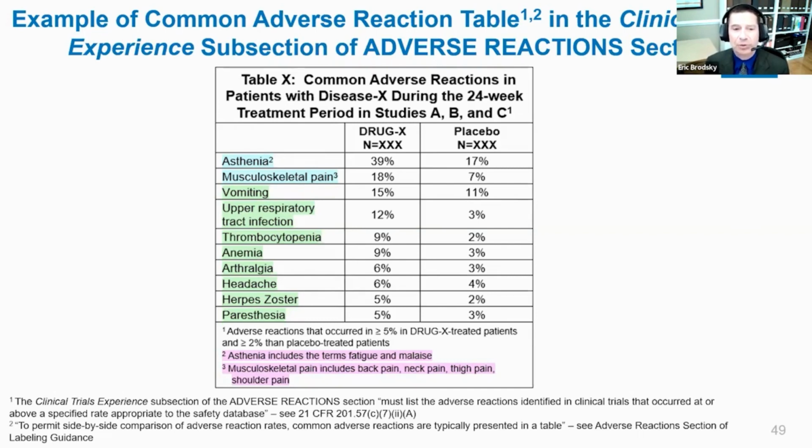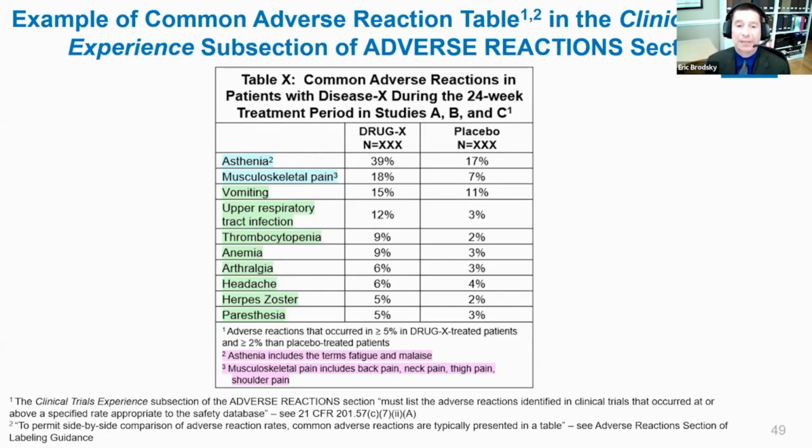The items in blue are group terms. So they could be any type of group terms. The items in pink are preferred terms that are determined to be adverse reactions that are part of the group term.